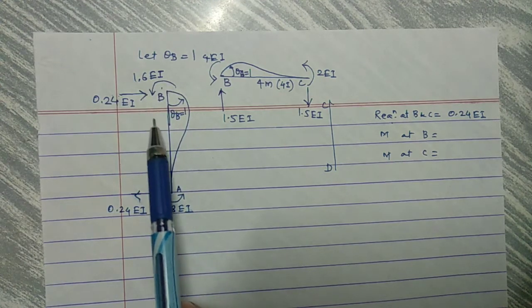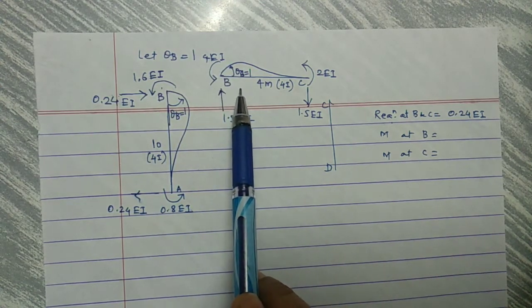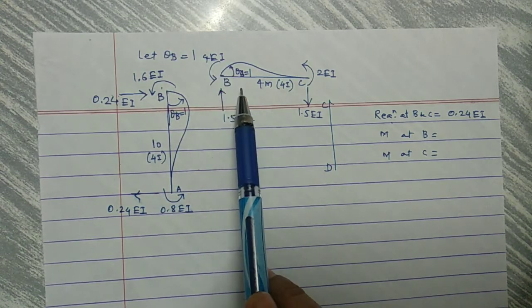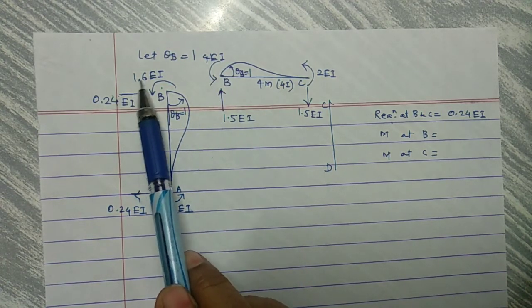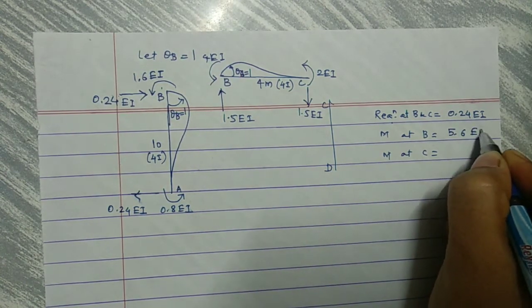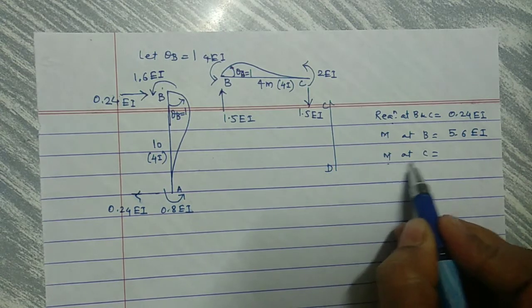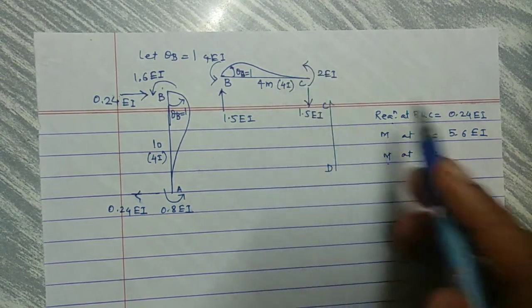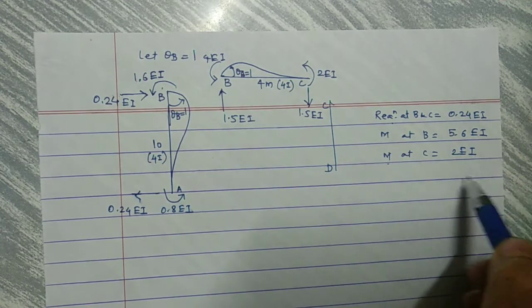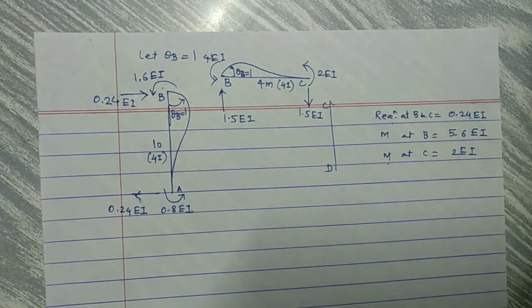So this 1.6 and this 4. This 1.6 is in anti-clockwise, 4 is also in anti-clockwise direction. So 1.6 plus 4, that is 5.6 EI. And last moment at C, it is anti-clockwise 2 EI. So this will form our second column in K matrix.